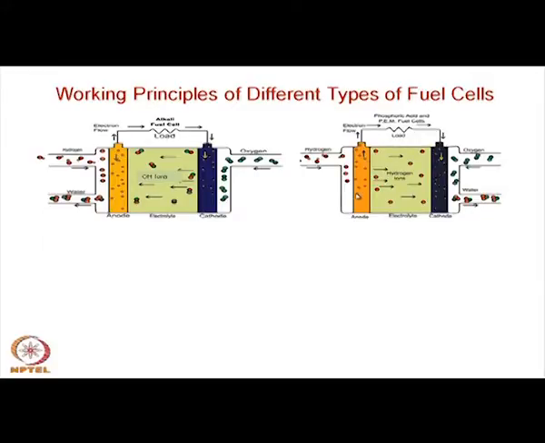Incidentally, there is a very commercially available, very specific polymer having a very high hydrogen ion conductivity, which is called Nafion, and that is the most efficient hydrogen ion conductor so far as solid polymers are concerned.